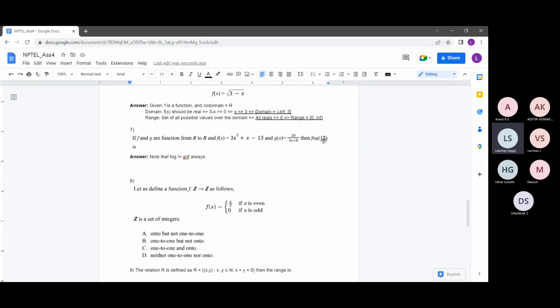Here it means that the one which is closer to the brackets is the one which you need to evaluate first. So you need to first evaluate G of 12 and then evaluate F. If it was written GOF, then you first had to evaluate on F, then evaluate G on the output.